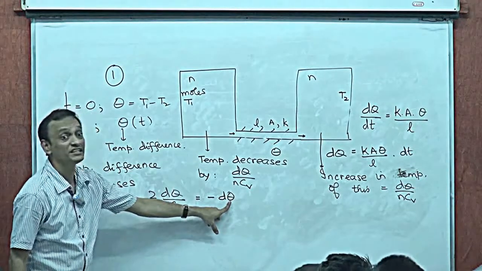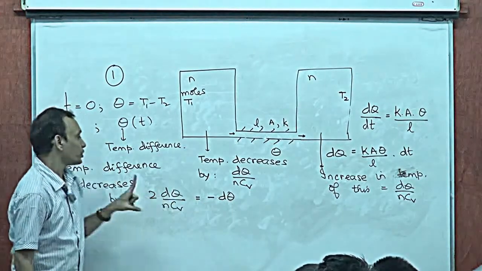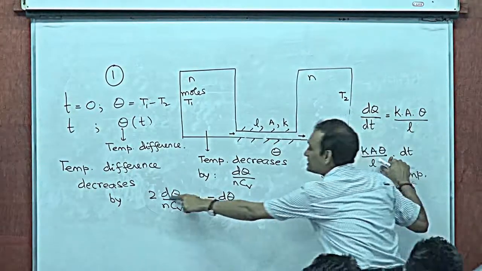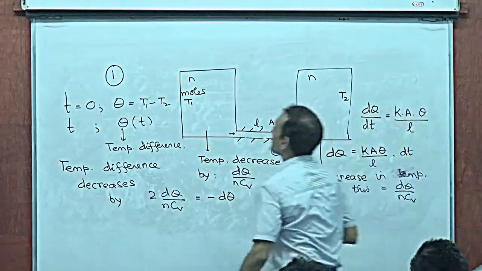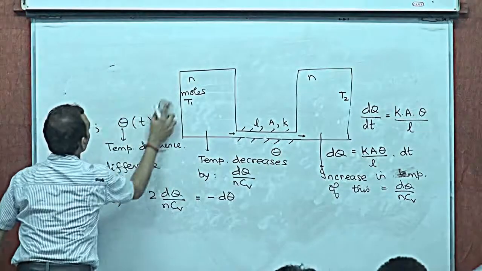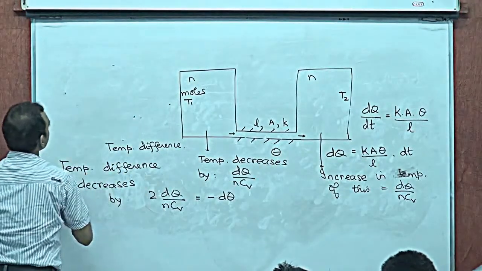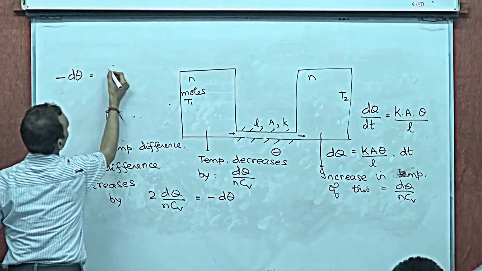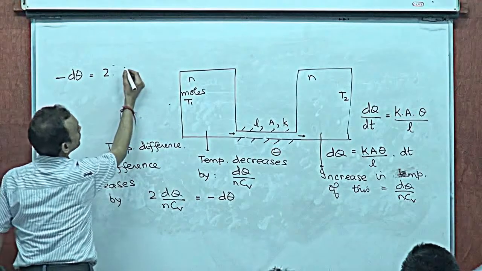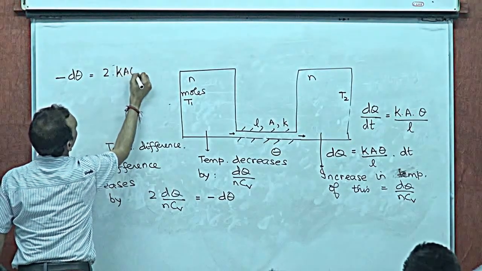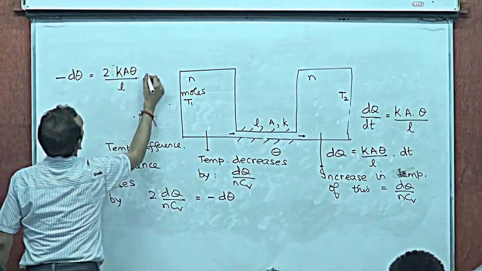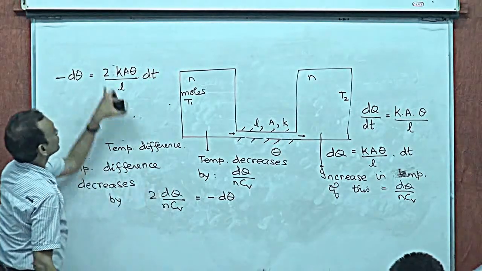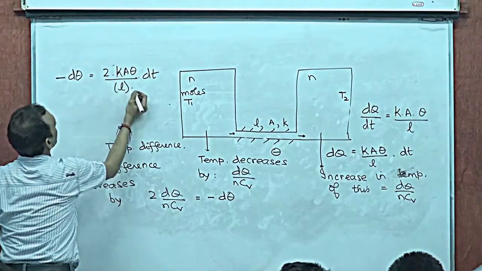We are seeking to find theta as a function of time. What we could do then is write dQ as this. Minus d theta is 2 KA theta dt by L n Cv.